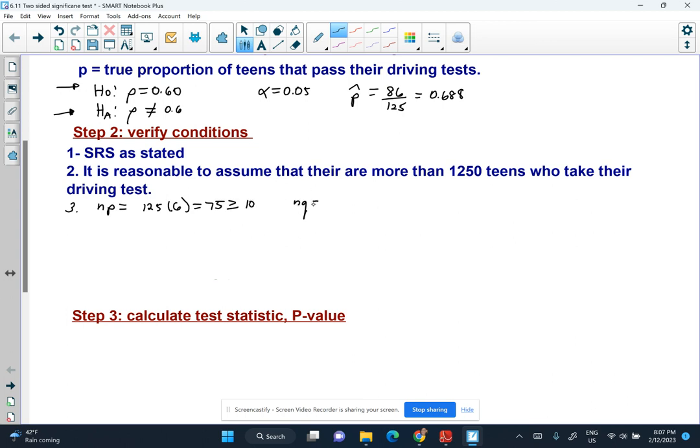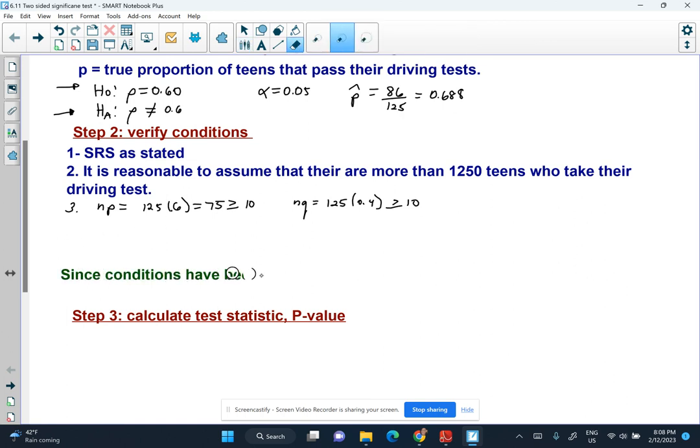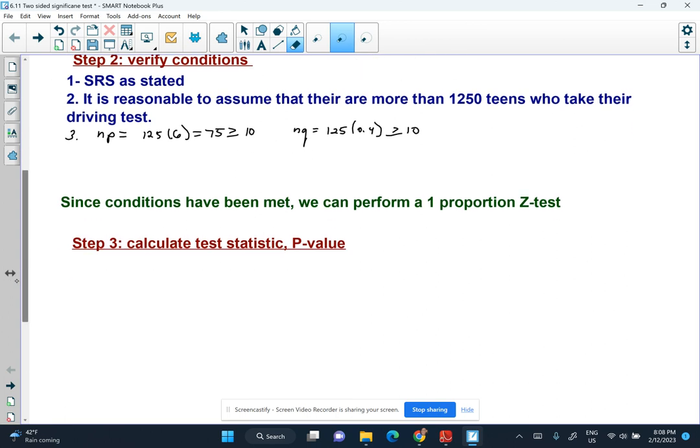And nq is 125 times 0.4, which is certainly greater than or equal to 10. So I met that condition, and so you need to state the name of the test. That's why we use this line. Since conditions have been met, we can perform a one proportion z-test.